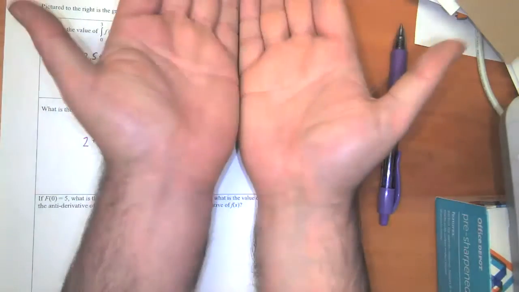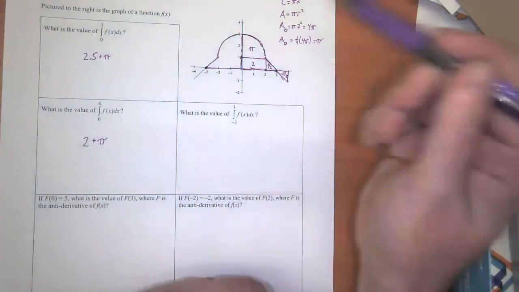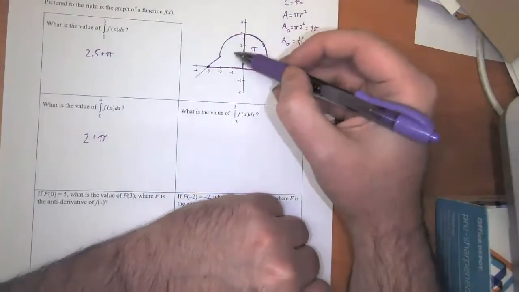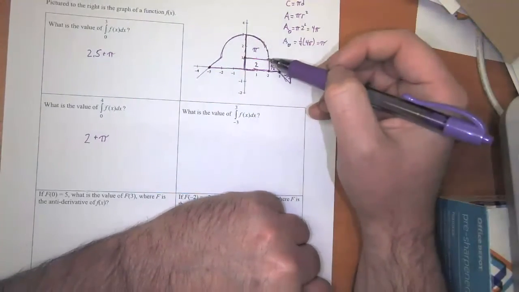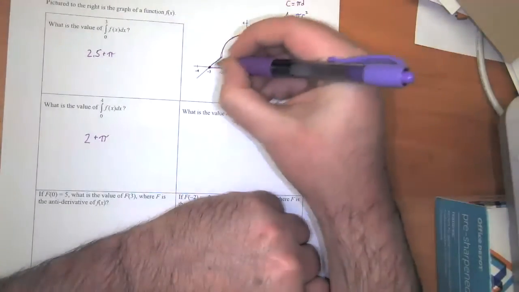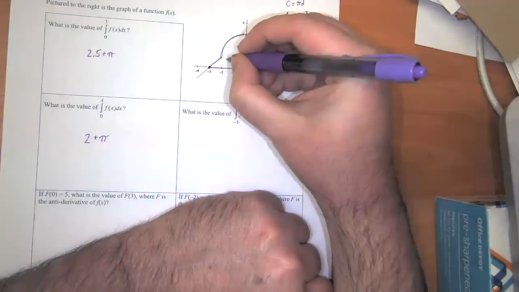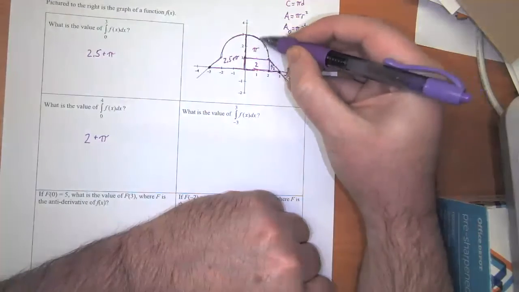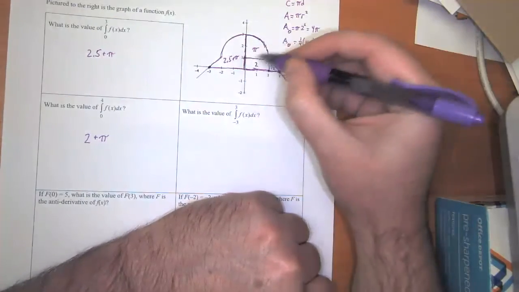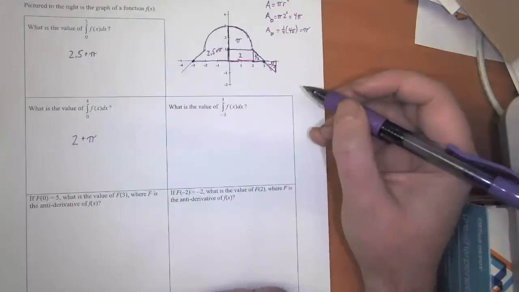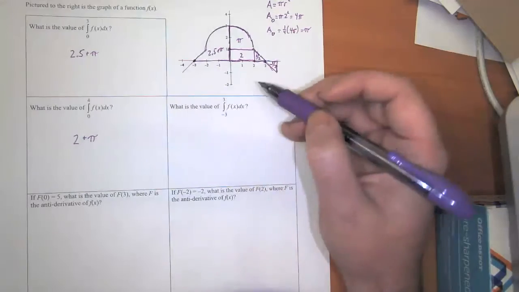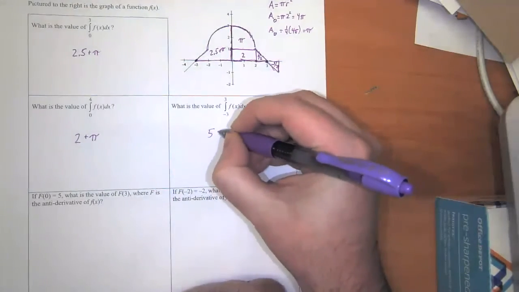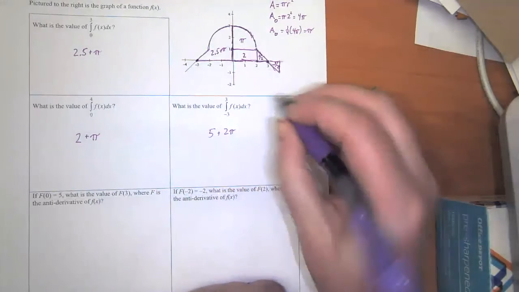So it's the same on the left and the right hand side. We're going to talk about that as we get closer to page 513. But I think you can appreciate the basic argument, which is that this area is going to be the same 2.5 plus pi as the congruent shape on the right hand side, since we have that reflection symmetry there. And so the integral from -3 to +3 is going to be the sum of those two shapes, which we could write as 5 plus 2 pi.